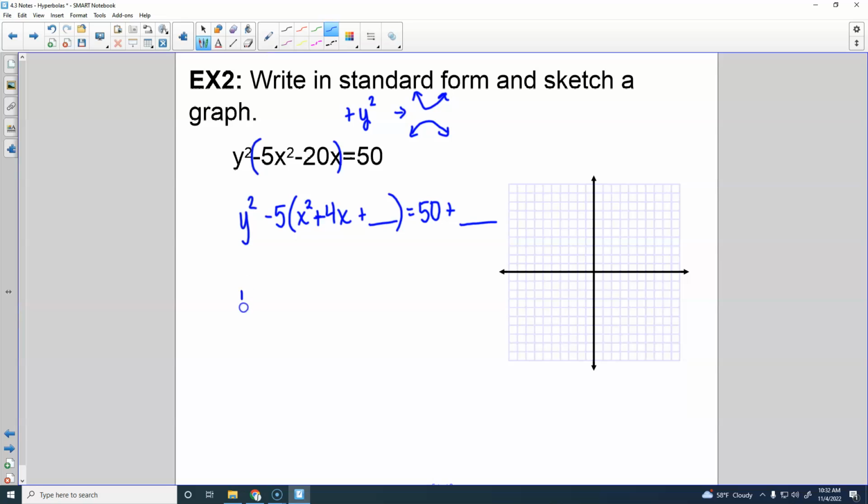All right, so we need to complete the square just for the x. So we'll get x plus 2 squared. 2 squared is 4, so I'll put a 4 here. What do we add to the other side? -20. So that's going to give us 30 here.